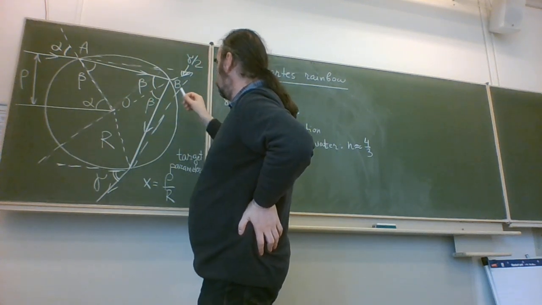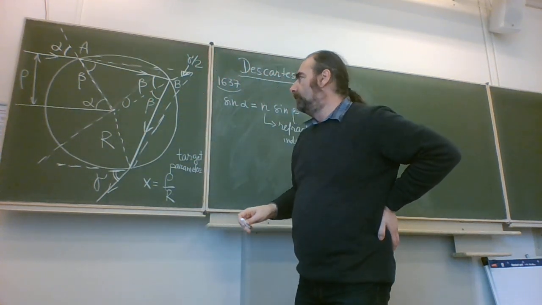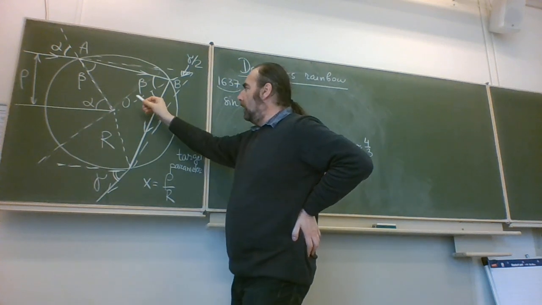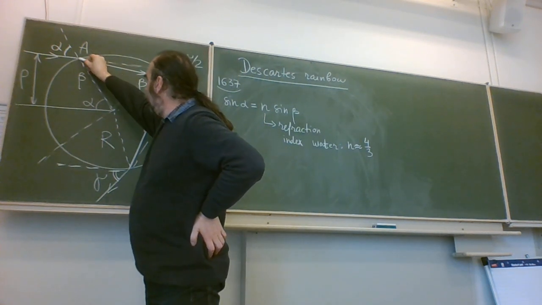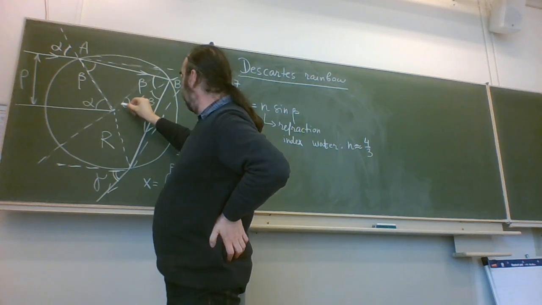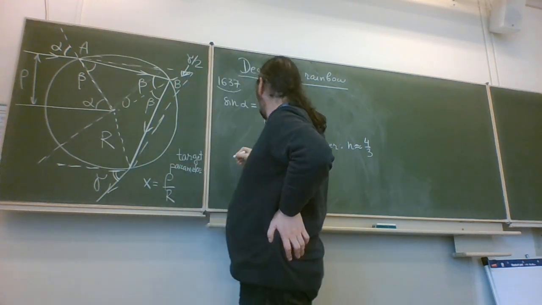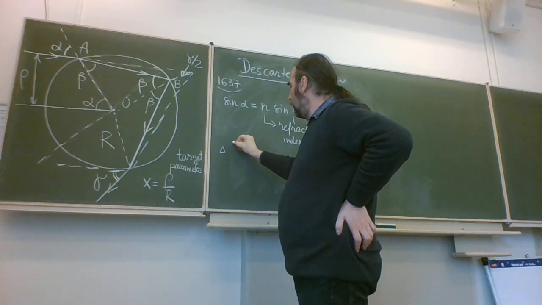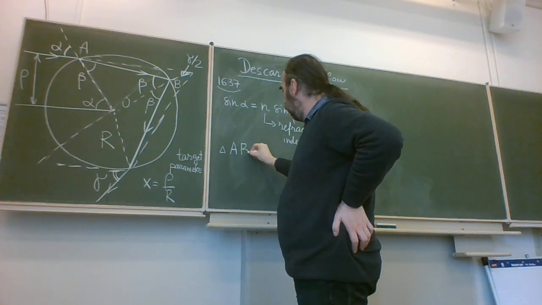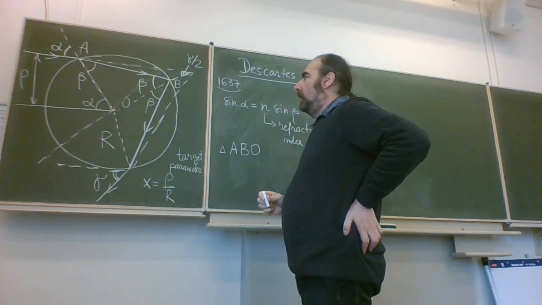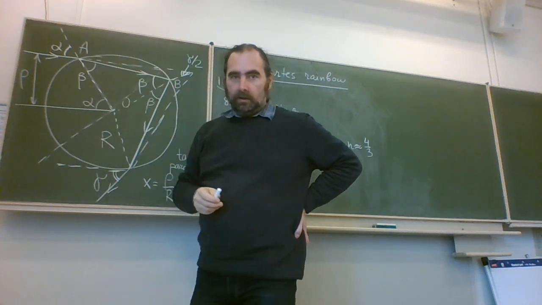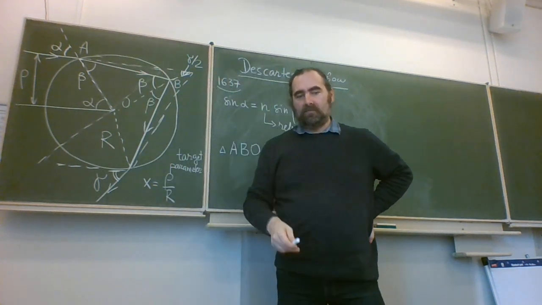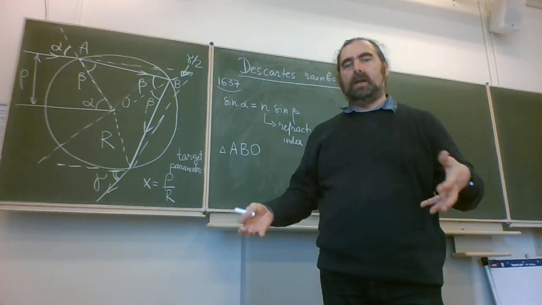Now we also need to relate them to gamma. Now try to follow me. I'm now considering a triangle A, B, O. And we know that the sum of the three angles of a triangle is pi, as for every triangle.